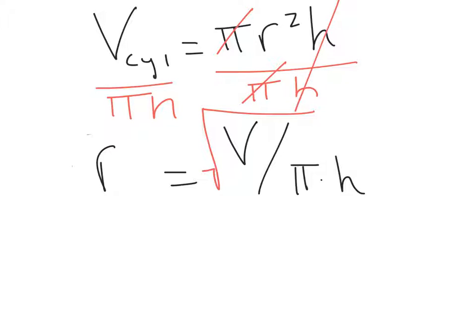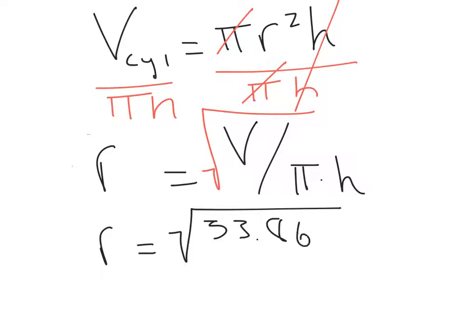So hopefully as you've been going, you've been writing down these numbers that we've been calculating. It's always important to keep track of the numbers that we're solving for as we go, because oftentimes they're going to show up later in our equations. So I'm going to plug in now what I know. My radius, r, is equal to the square root of my volume, which from my previous calculation was 53, that is a 5, I apologize, 0.86 centimeters cubed.